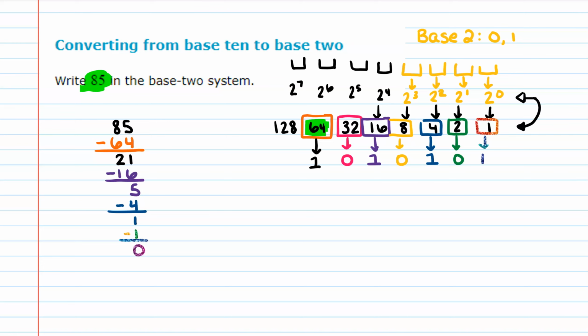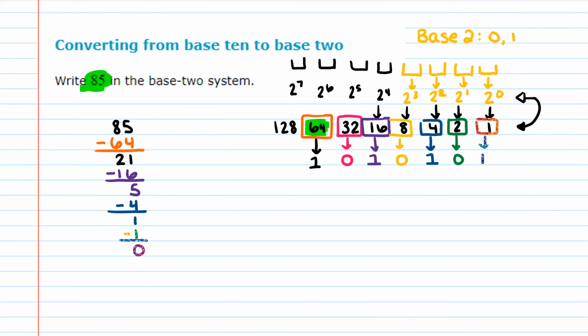And then you look at the one that's closest, or the highest one that's lower than your base 10 number, and you subtract that. Since this is base 2, you can either subtract it 0 times or 1 time. But let's say you're in base 4. Base 4 is 0 to 3, right? Those are the digits.